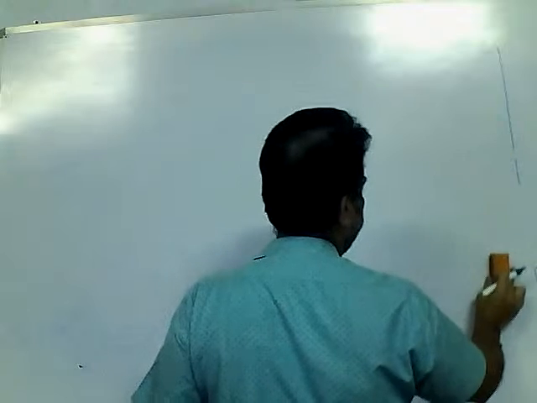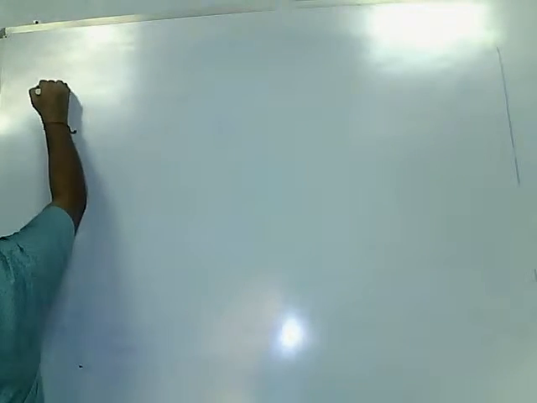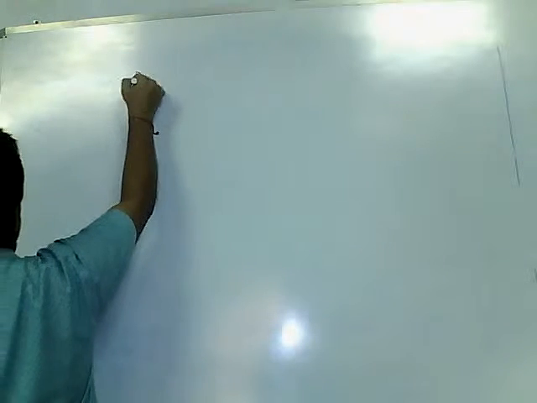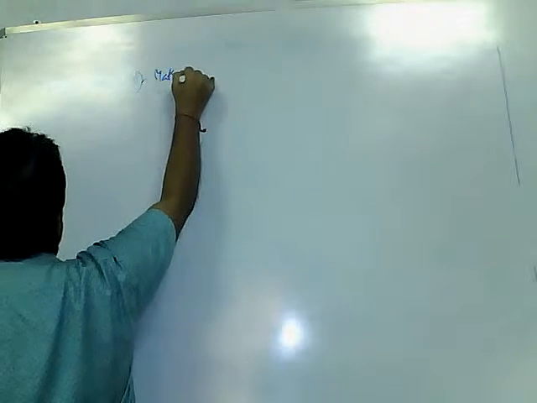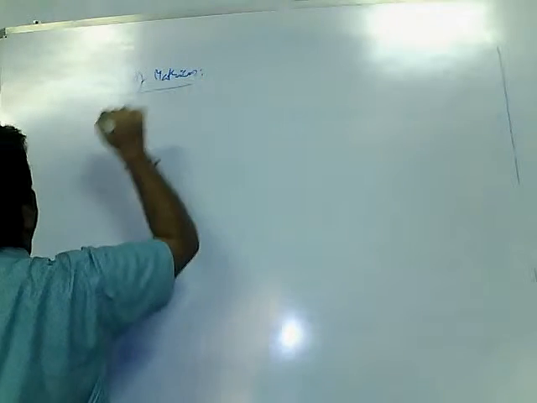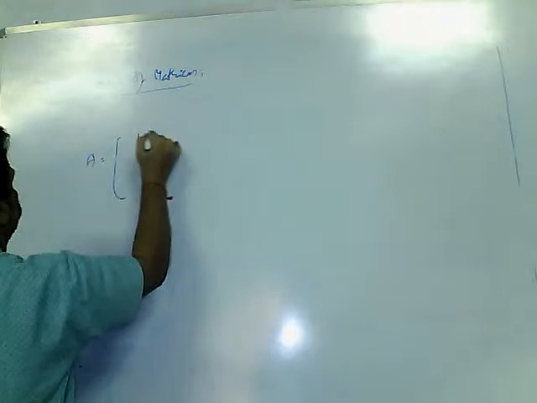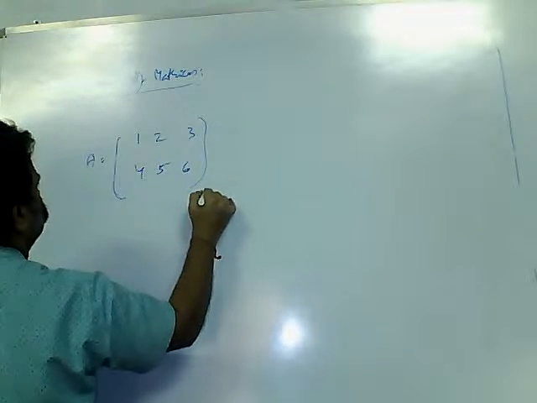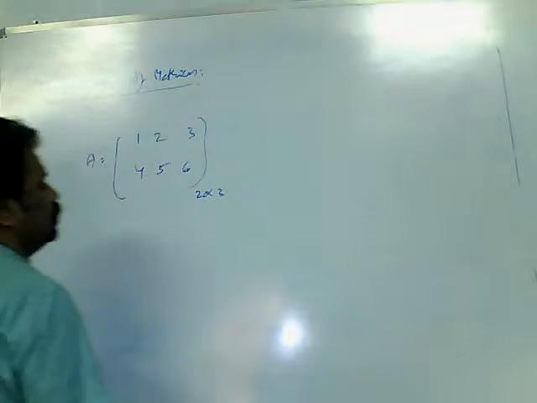That is called multiplication of matrices. So I put here A as 1, 2, 3, 4, 5, 6. What is the order? 2 rows and 3 columns. Right?